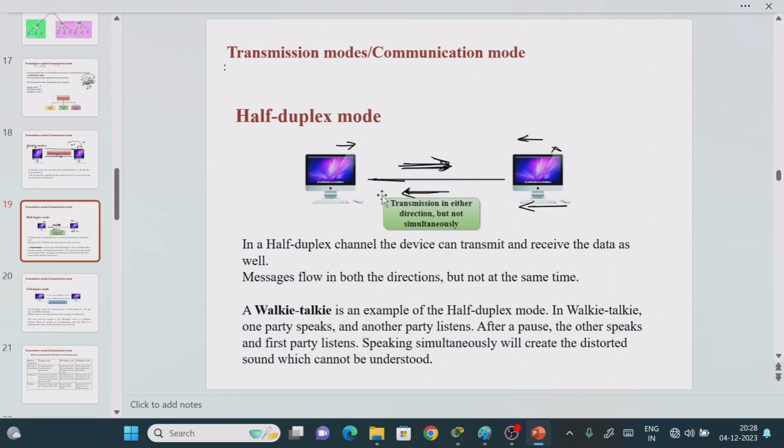It means the communication is done. Now if you want to send some information from here to here, you can send. After a pause the other speaks and the first party listens. Speaking simultaneously will create distorted sound which cannot be understood. This is what we call the half duplex mode operation.